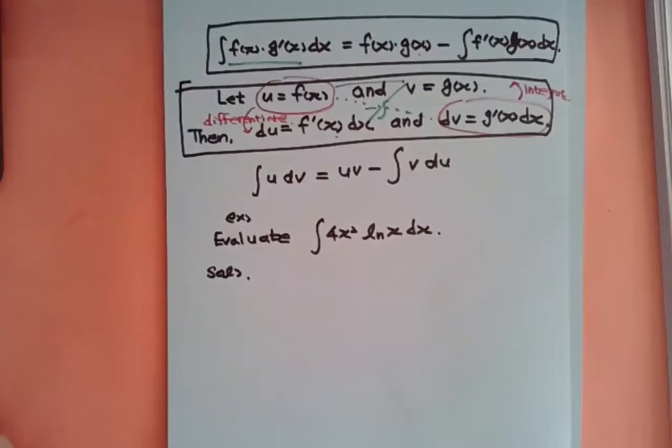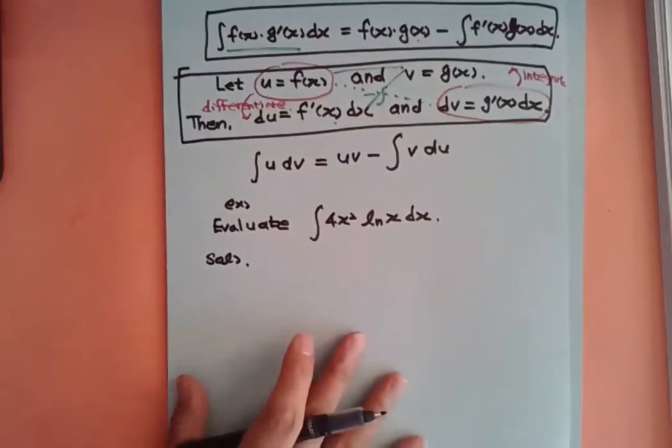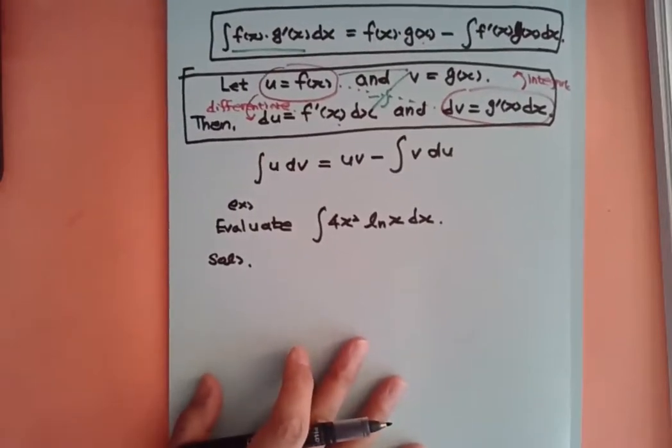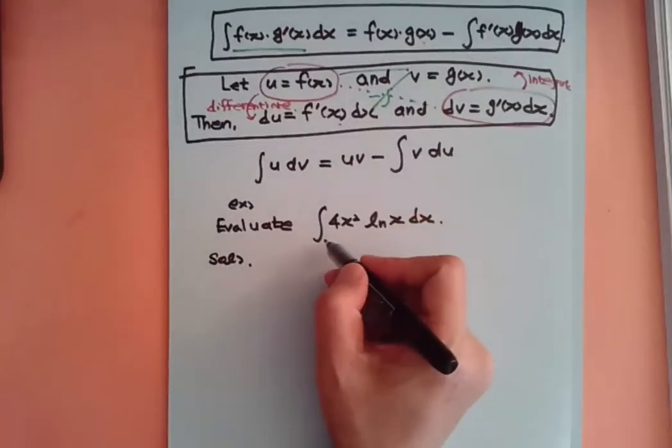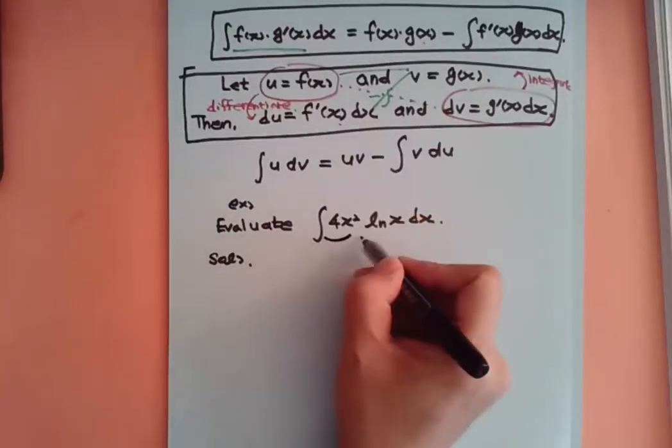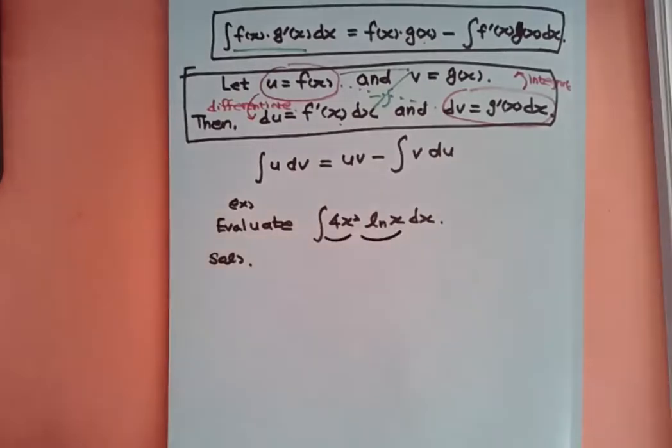In general, when we decide which one should be u and which one should be dv, we look at the two functions. Usually when we choose the u function, when we differentiate, it becomes simpler.